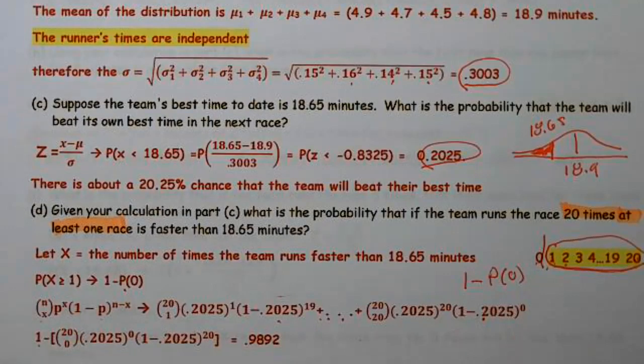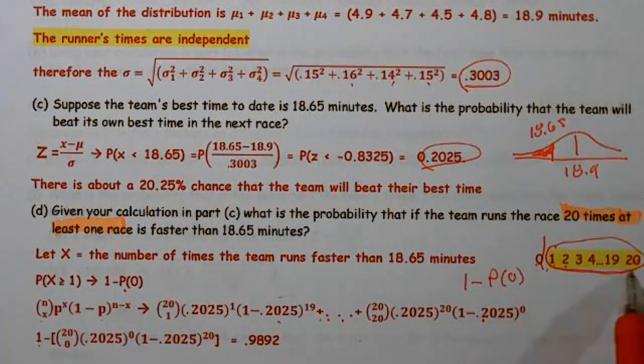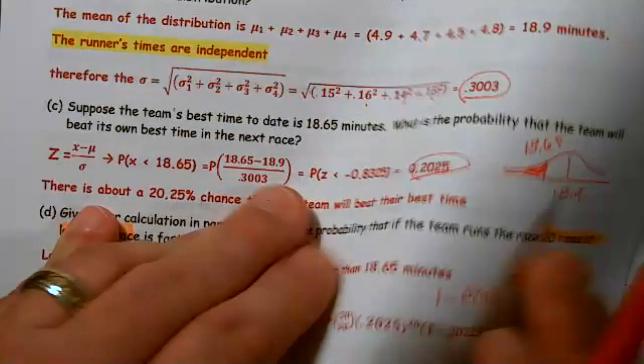This is a special case when you could have used a PDF and you would have gotten the exact same answer. But generally speaking, I much prefer you just go, anytime you have multiple values, use a CDF. If you go about that way, you'll be good to go. You'll get this right.